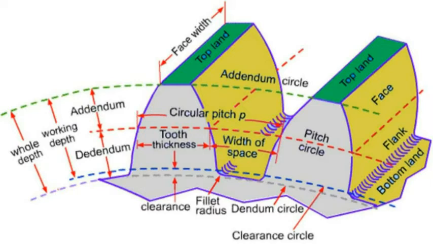There is the face width, the face of a tooth, the flank, and the bottom land, and the distance from there is the face width. There is a top land, and then we have a curve passing through the top land. This is called the addendum circle, and then we have another imaginary circle called the pitch circle.